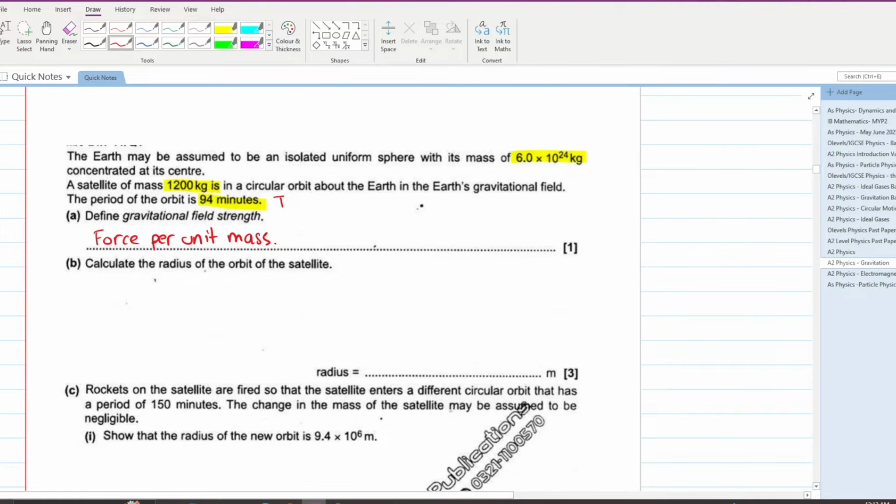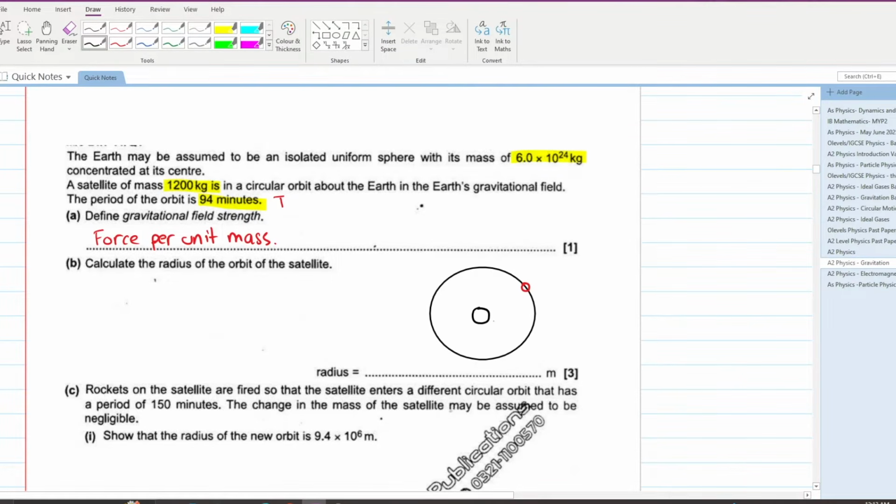Simple as that. Calculate the radius of the orbit of the satellite. Okay, just for a minute, think what is happening. Just for a minute, drop your calculations hat and just for a minute think what is happening. Let's say this is earth, beta, this is the satellite. Okay, this is the satellite, this is the earth. Satellite is orbiting around the earth.